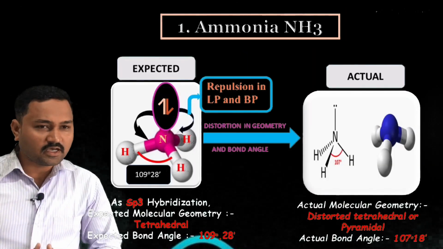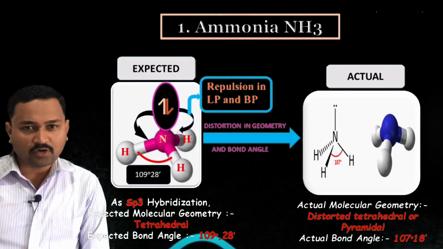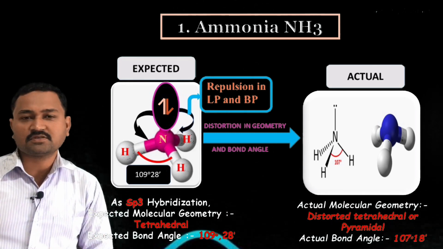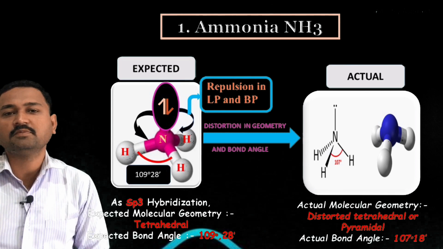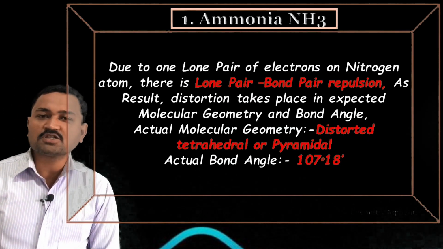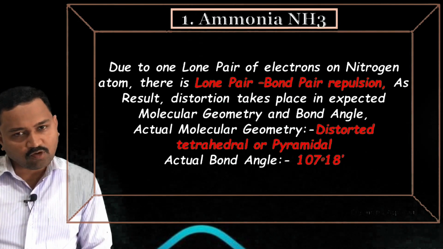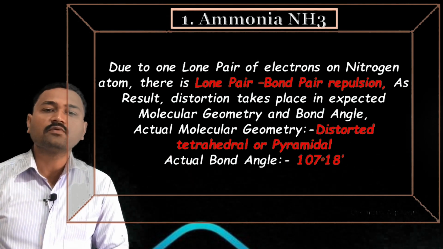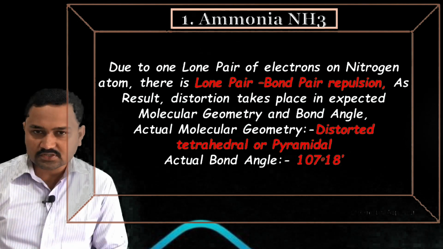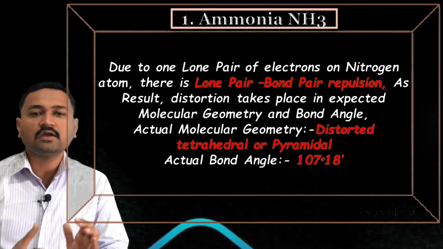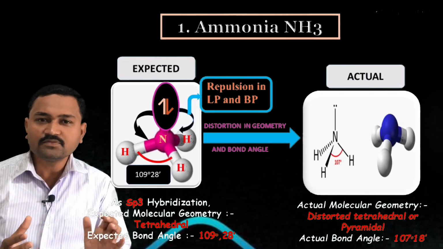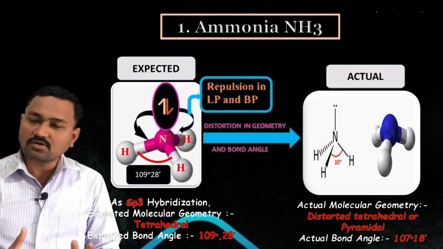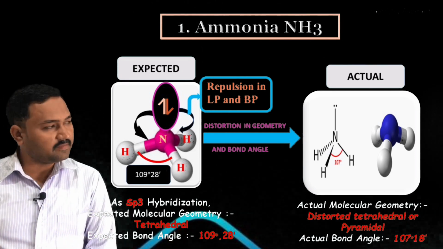The expected geometry for ammonia is tetrahedral, as it undergoes sp3 hybridization, and the expected bond angle is 109 degree 28 minutes. But due to the lone pair-bond pair repulsion and the bond pair repulsion, the bond angle gets reduced from 109 degree 28 minutes to 107 degree 18 minutes, and there is a distortion in the molecular geometry, which we call a distorted tetrahedral geometry or the pyramidal geometry.